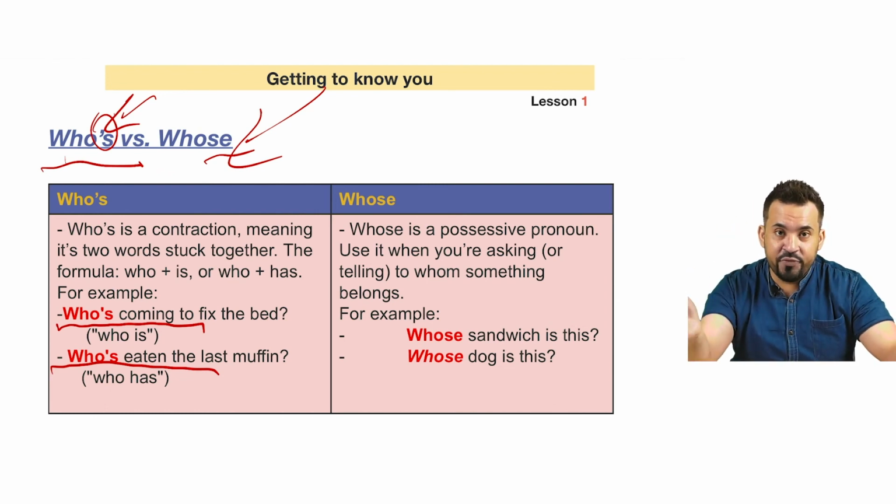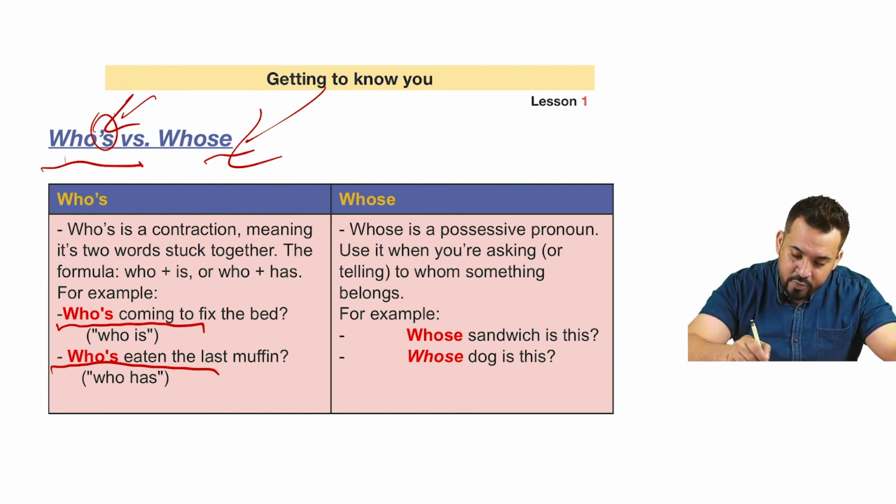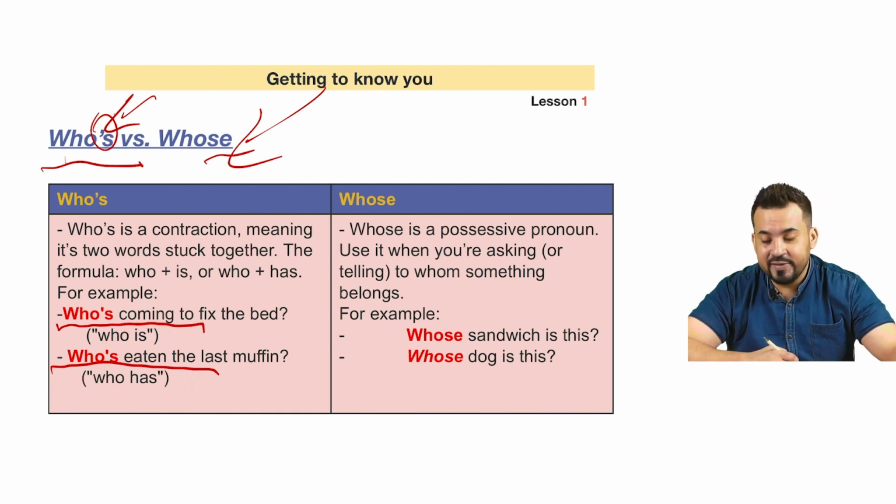So if you want to know what are we contracting, is it is or has, look at the verb that follows. If it ends with ing, it's is. If it's past participle, then it's has.